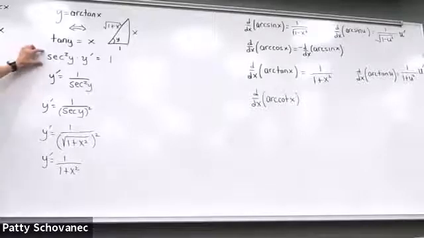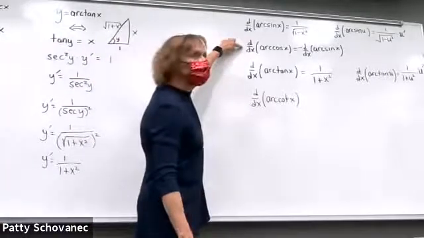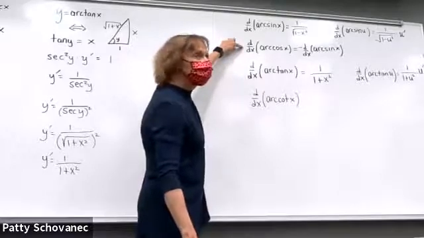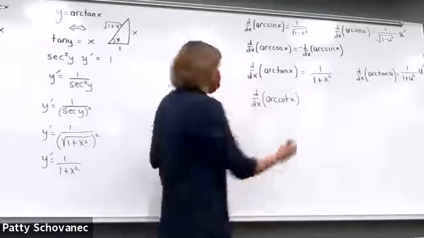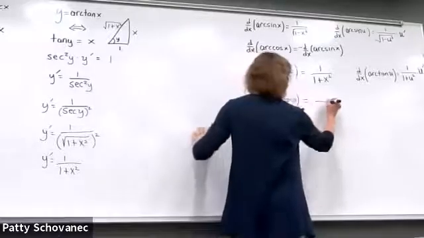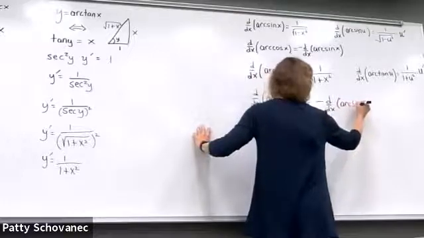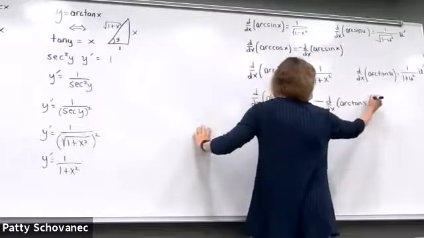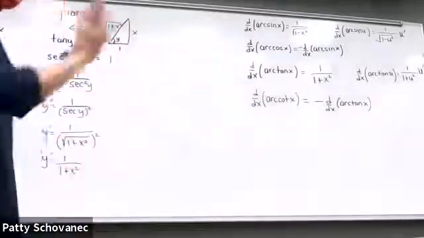So it'd have a square term, which means it's not going to have a radical sign. It's got a negative with the cosecant instead of the secant. So it's going to do the same thing that this did to the sine. It's going to give us the same derivative as the arctangent, but negative. So I don't need to memorize that one.